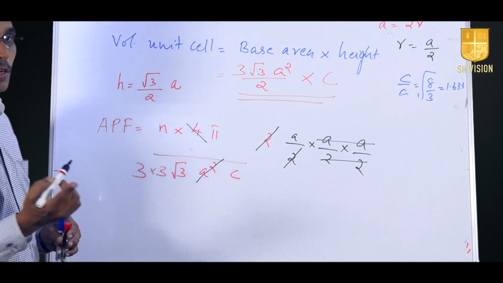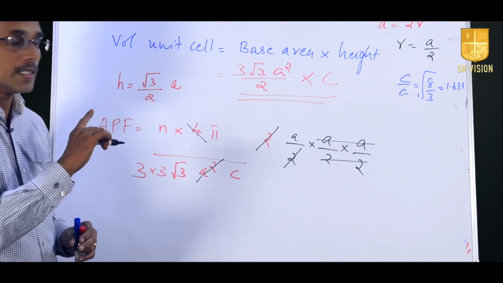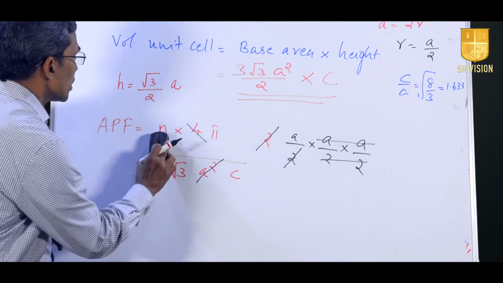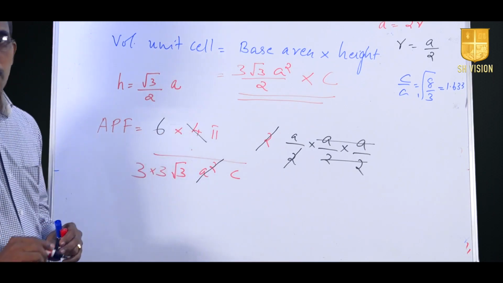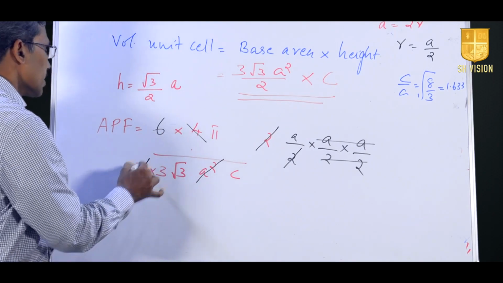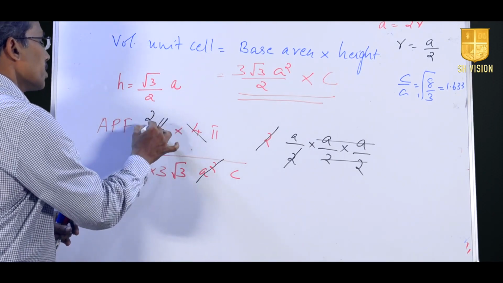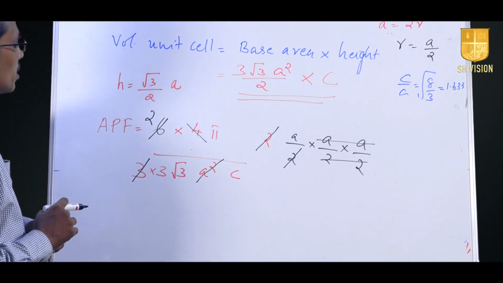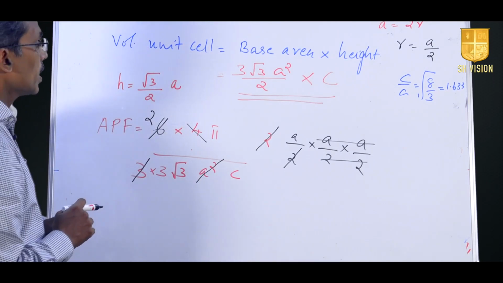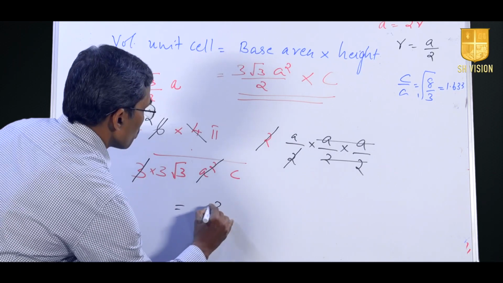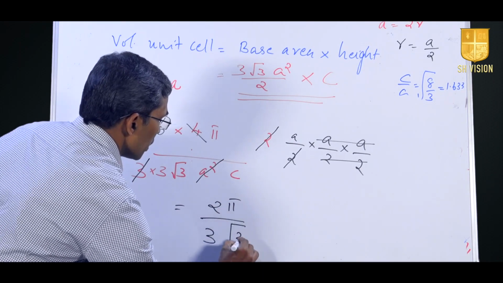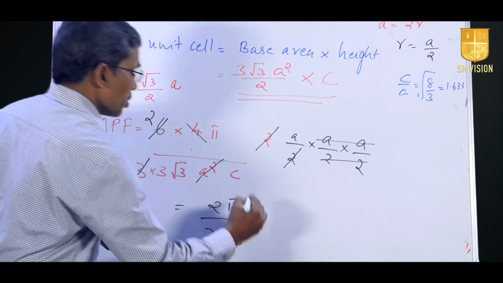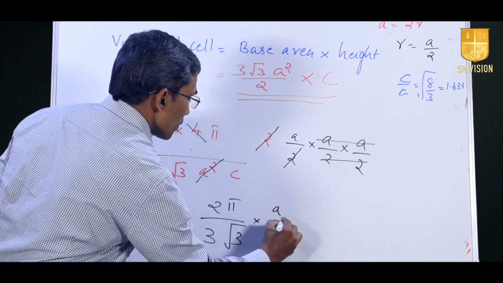And N is number of atoms per unit cell, which we had seen is 6, so I put 6 here. If I cancel this 3 and this 6, then this will be 2. Therefore you will be getting 2 pi divided by 3 root 3 into a by c.